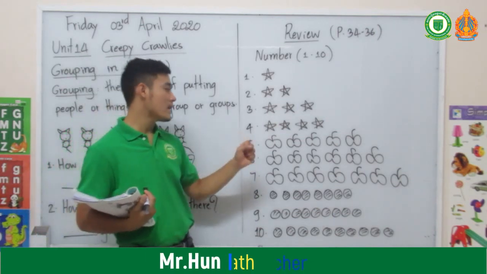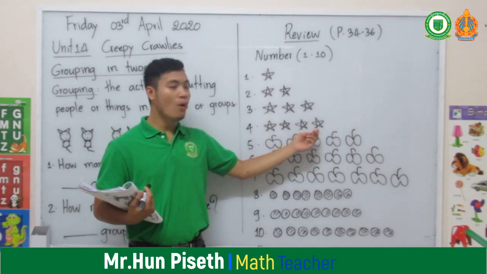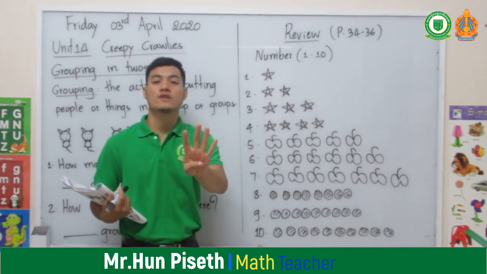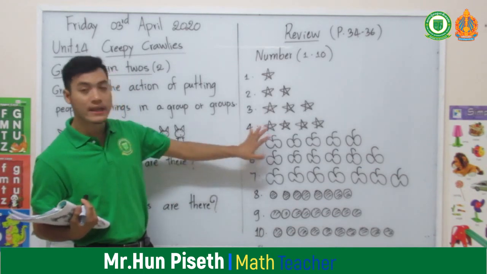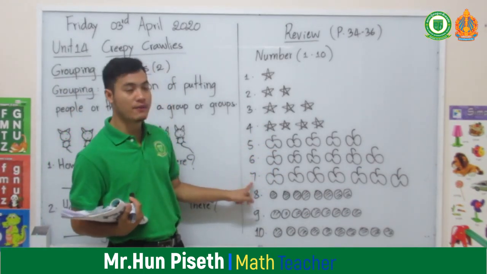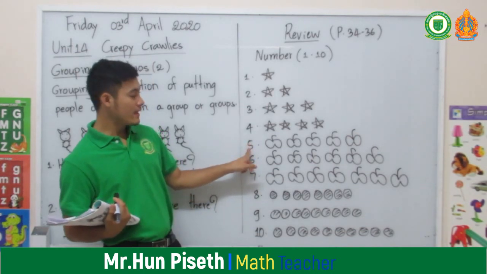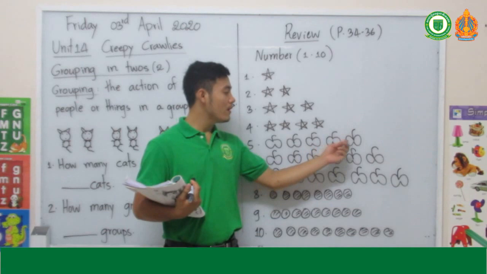Here is number 4. We count the stars. 1, 2, 3, 4. So there are 4 stars. Now go to number 5. Then we're going to count apples. So here 5, 6, and 7. 5: 1, 2, 3, 4, 5.